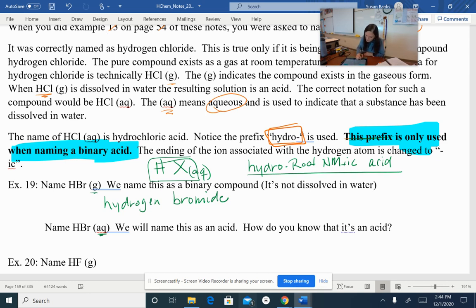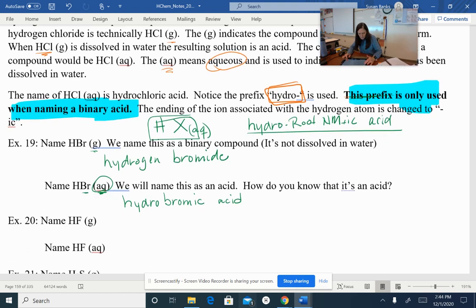So if I do this, we have hydro, and then we have bromine. What's the root of bromine? It's brome, right? And then we're going to put on ic, hydrobromic, and then we're going to add the word acid, hydrobromic acid. We know that it's an acid because it's dissolved in water.